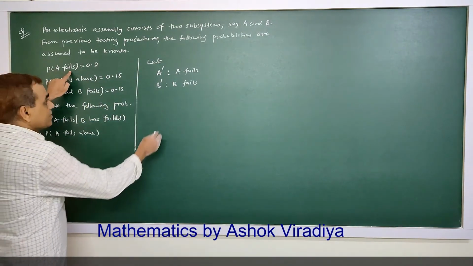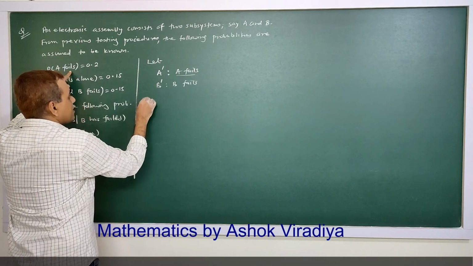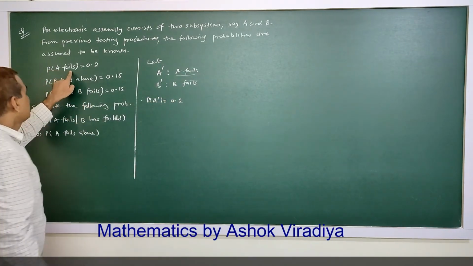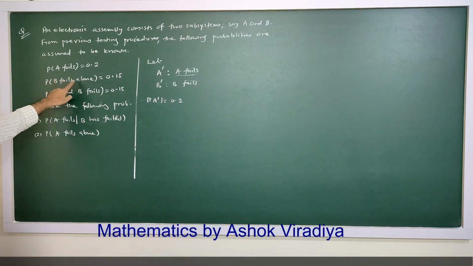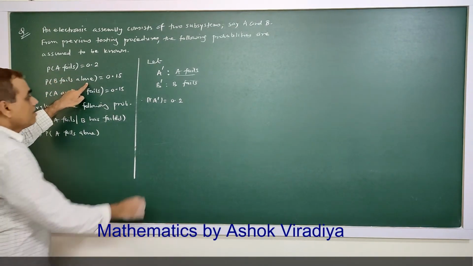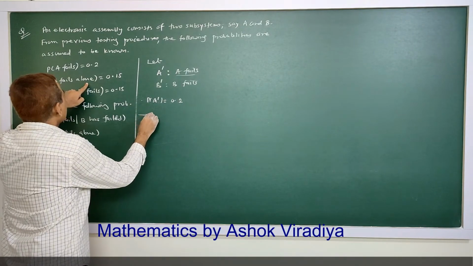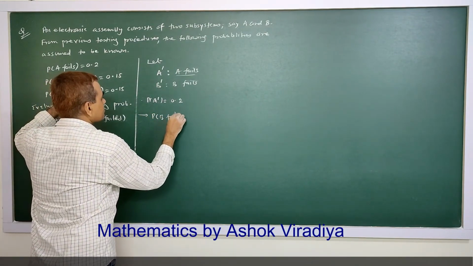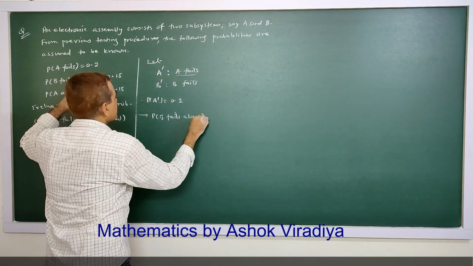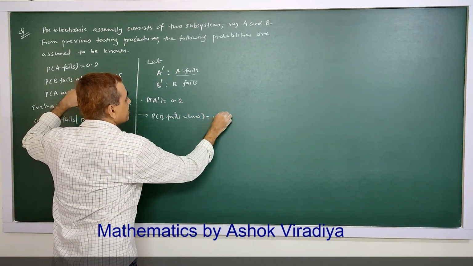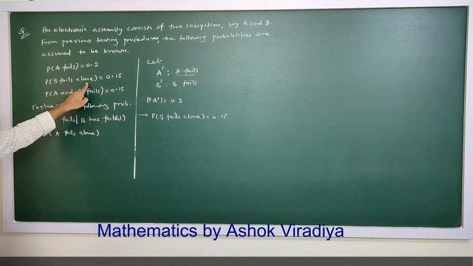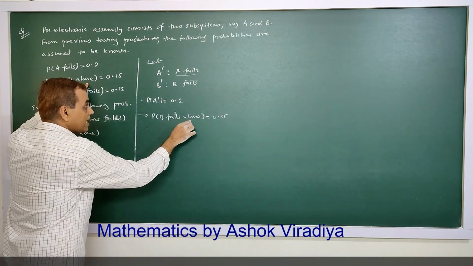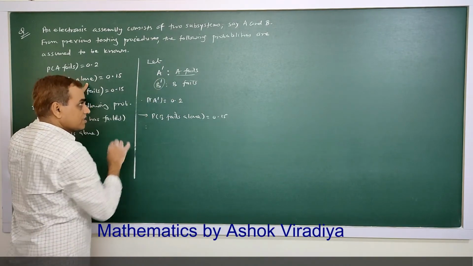So probability of A dash is 0.2. Probability that B fails alone is 0.15. This means B fails alone, that means only B dash occurs.